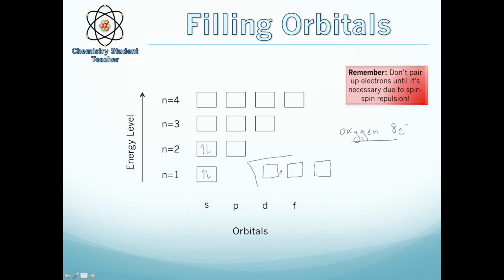Because we've now got 4 remaining, a total of 8, we've put 4 in, we've got 4 remaining, you would in fact do 1, 2, 3, and then the 4th one would pair up. And remember with the previous example, you put them into each separate orbital first to minimize repulsion before pairing up. So that's what oxygen would look like. So you have a total of 8, so you would have 4 electrons in the p orbital.